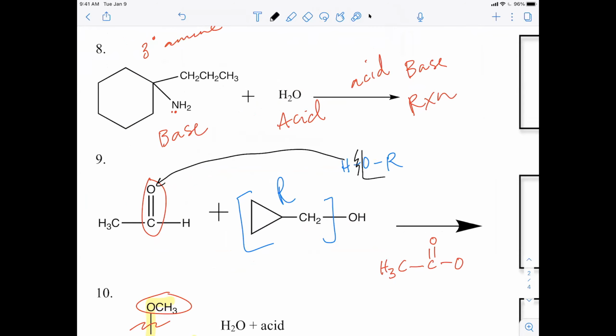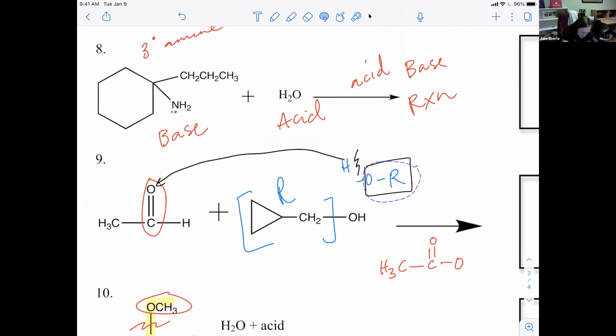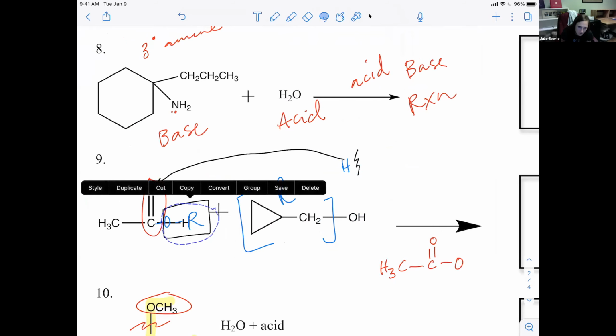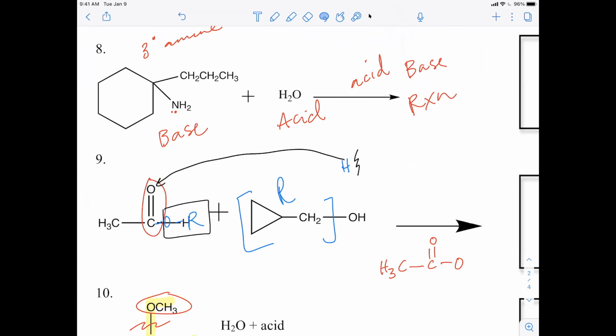I'm just confused. This part of the molecule is now going to be bonded to that carbon. Oh, so I just bond that bigger part to my oxygen? Well, it's all one molecule.